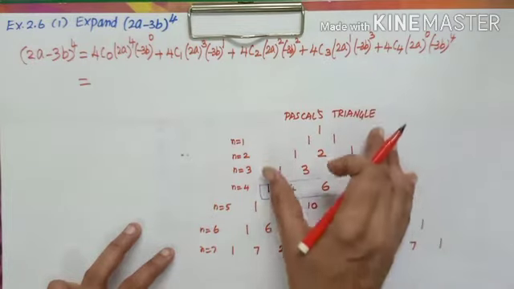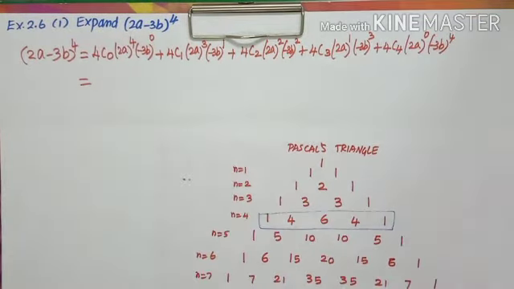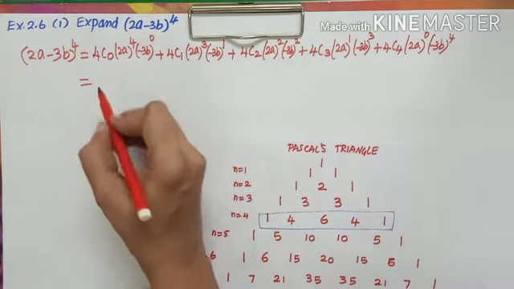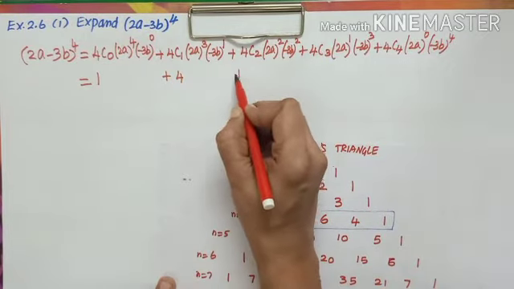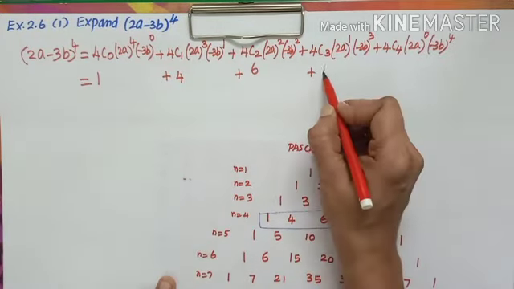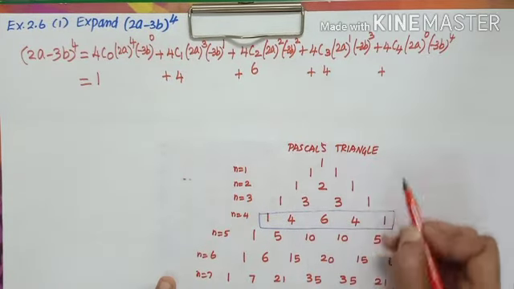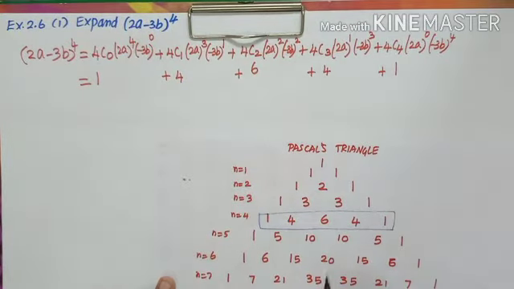If not, draw the Pascal's triangle and use it. From Pascal's triangle, we are writing 1 first term, 4 second term, 6 third term, again 4 the next term, finally we have 1. So all these values we have finished.